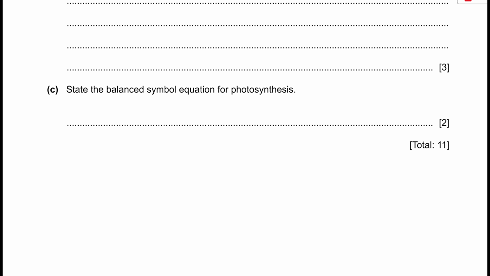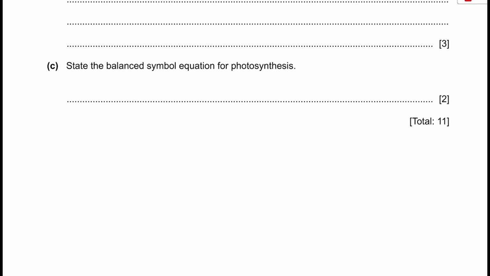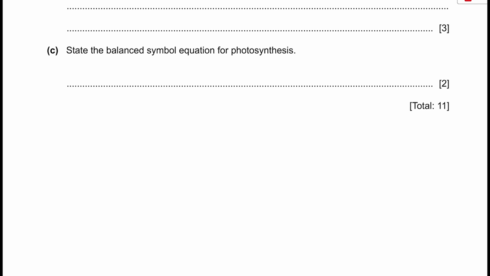Okay, state the balanced symbol equation for photosynthesis. Now, when we speak of photosynthesis, it is the process in which carbon dioxide reacts with water to give us glucose and oxygen. Alright, so the balanced equation will definitely be carbon dioxide reacting with water to give us glucose and oxygen. But now we can see that we had 6 carbons in the glucose over here and we need to balance it.